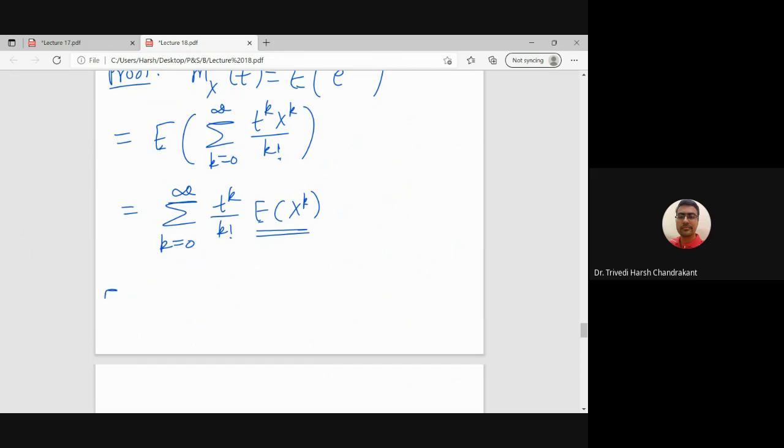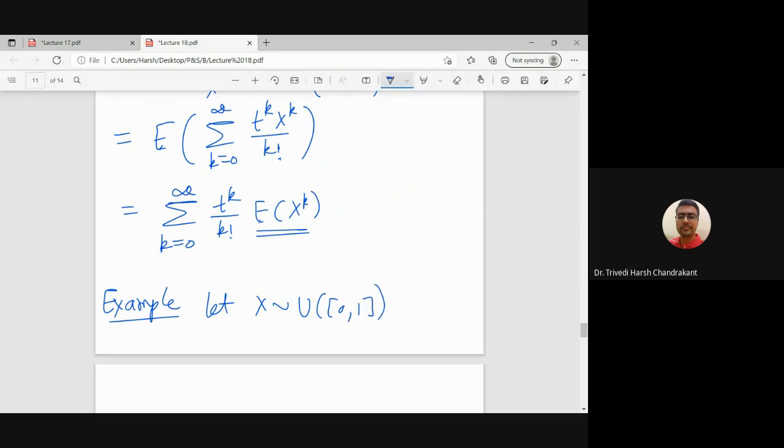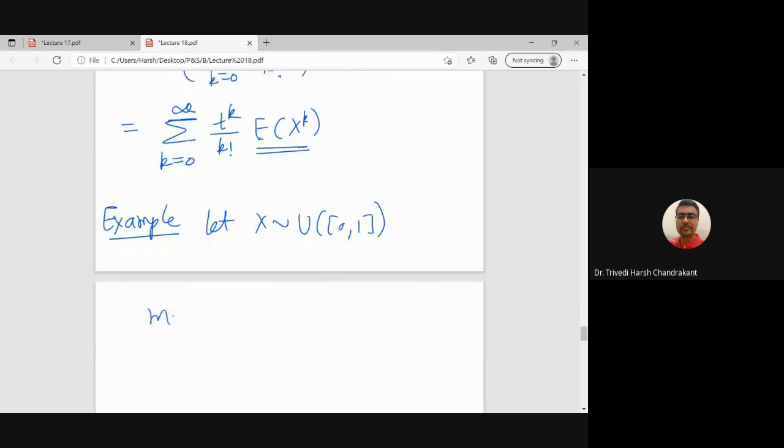Okay, so the example is the same example. We'll take the last example where we have found the moment generating function. Let X be the uniform random variable over the interval 0 to 1, and in this case we found that our moment generating function is 1 divided by t times (e^t minus 1), right? Now this has a power series expansion that we will substitute here.